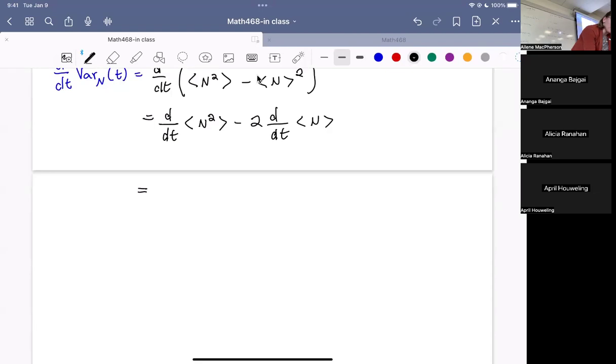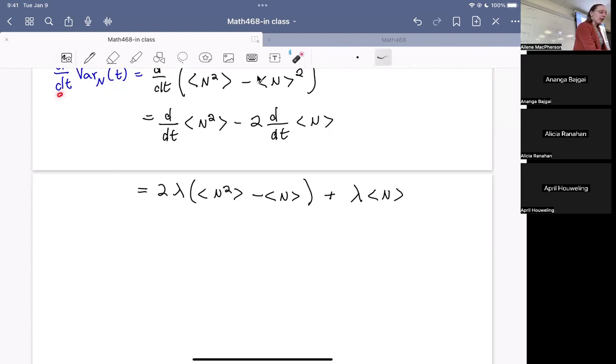I'm skipping a couple steps of algebra. So we have the expectation of n squared, minus the expectation of n, plus lambda times the expectation of n. This is great, except on the left-hand side, we have a centered moment. On the right-hand side, we have raw moments. So it would be nice to exchange those raw moments on the right-hand side for the centered ones.